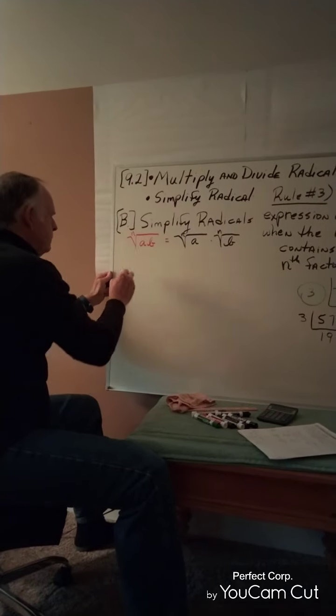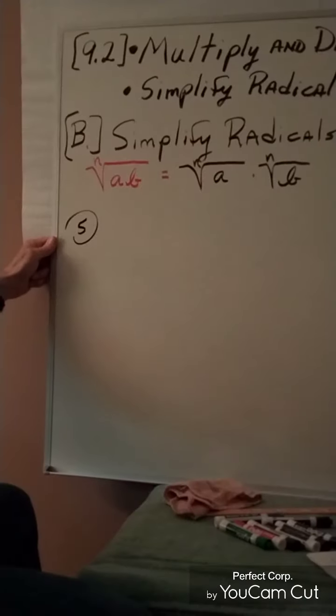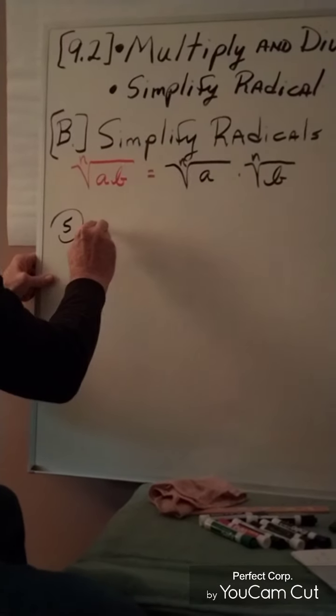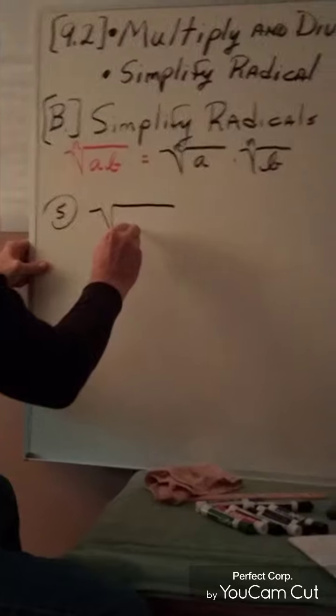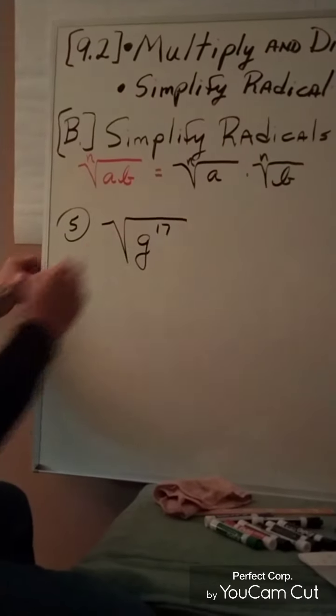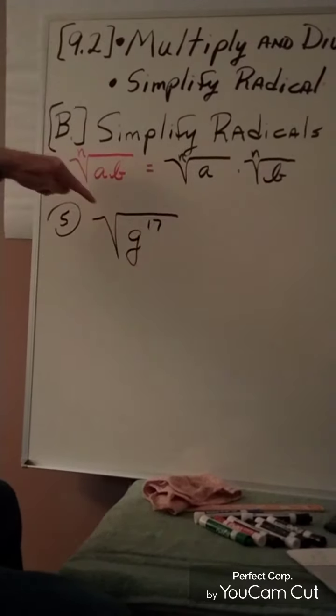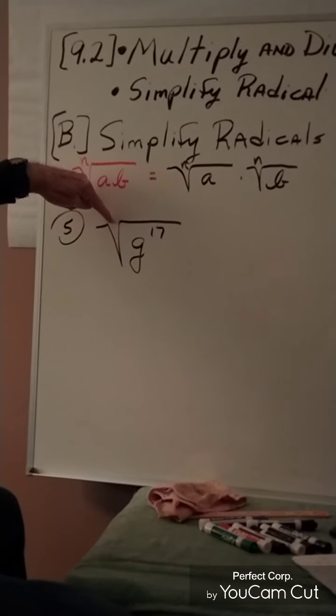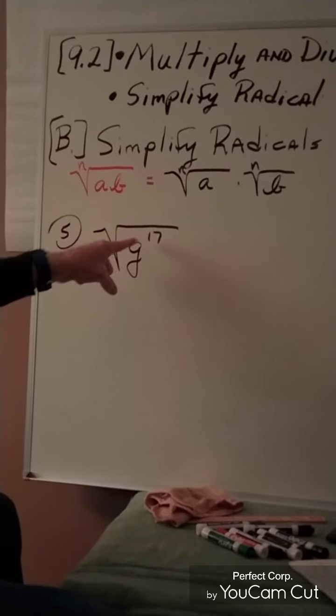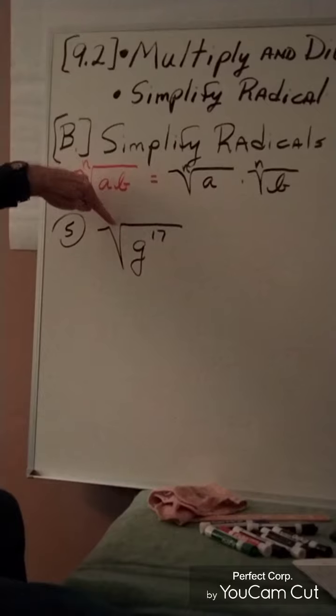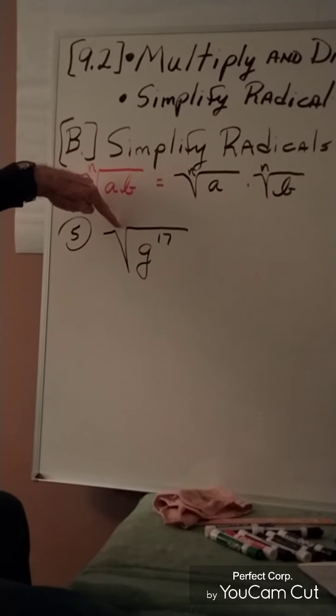Let's go to 5. And number 5, let's treat this guy again, just to make sure that there's not a doubt. Folks, it's always important to look at your index. Don't start seeking things from that radicand until you look at that index. It's square root.